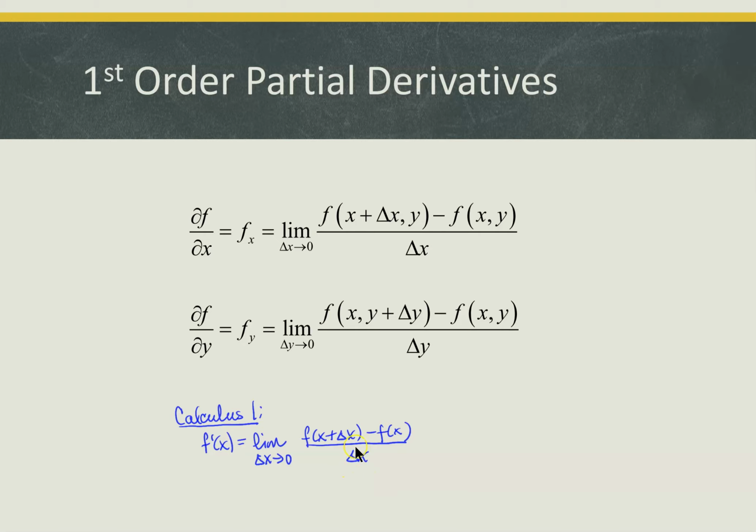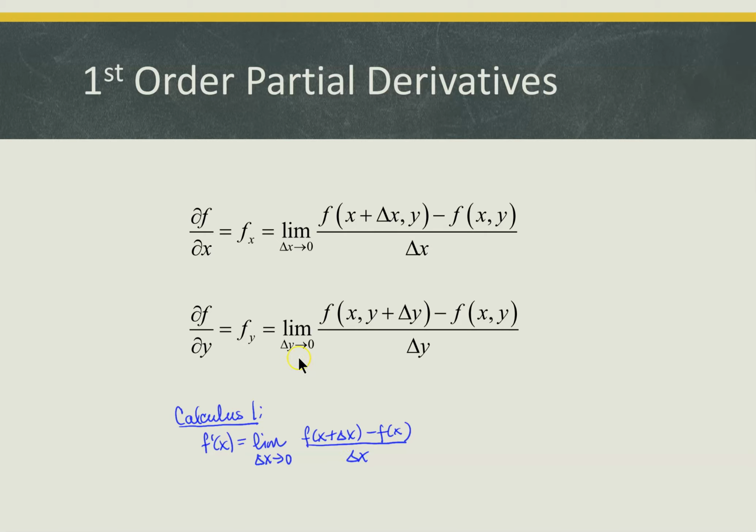In essence, what we were doing is looking at the rate of change in the function f as we increased x by a small amount delta x. So you're going to notice here that these definitions of the partial derivatives are quite similar to what we saw in Calc 1.